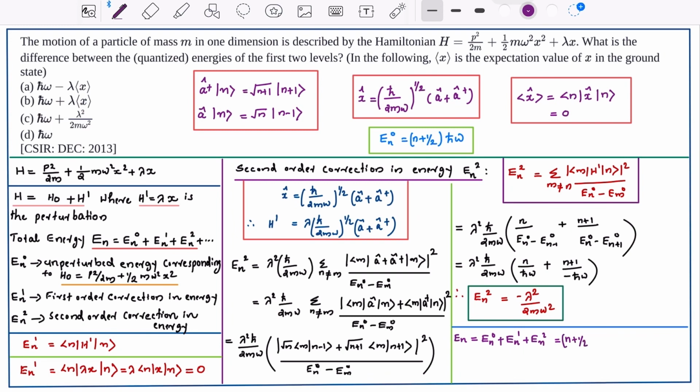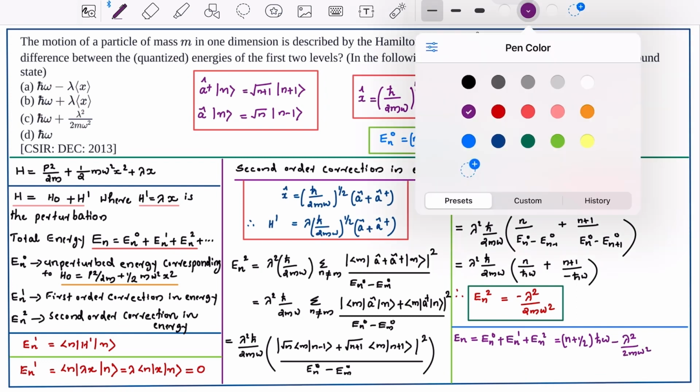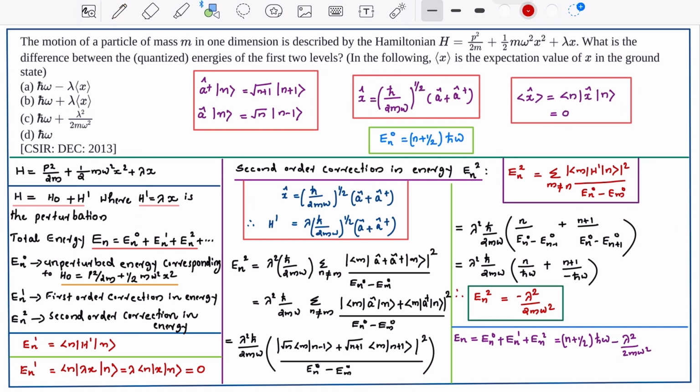That is n plus half h cross omega plus, what is En1? En1 is 0. We have already determined En1 is equal to 0. And what is En2? En2 is minus lambda square by 2m omega square. This is the total energy corresponding to the given Hamiltonian p square by 2m plus half m omega square x square plus lambda x.